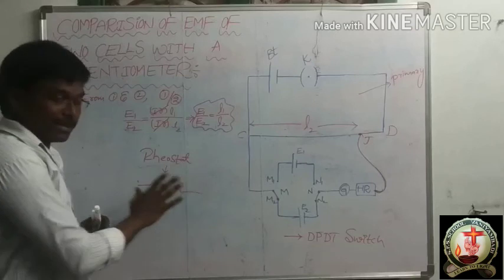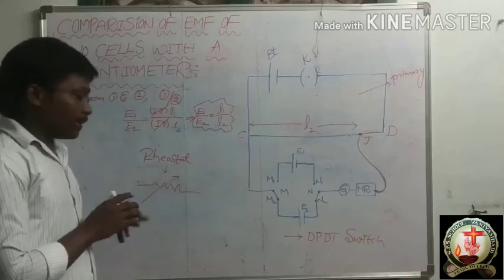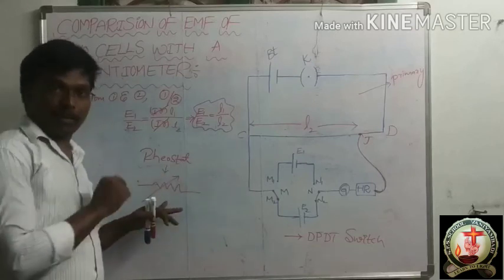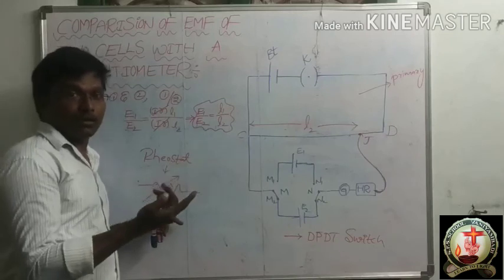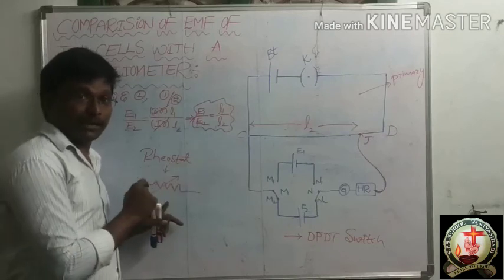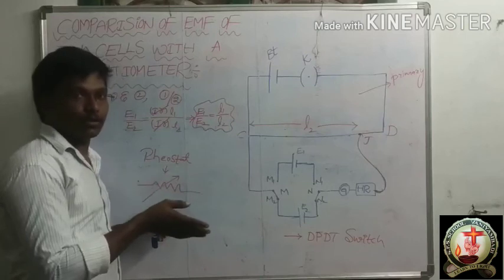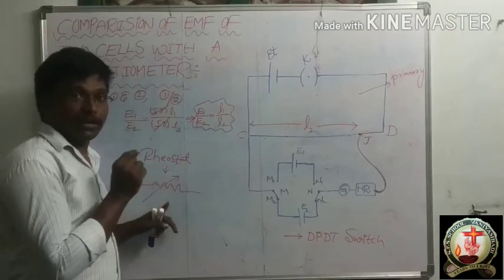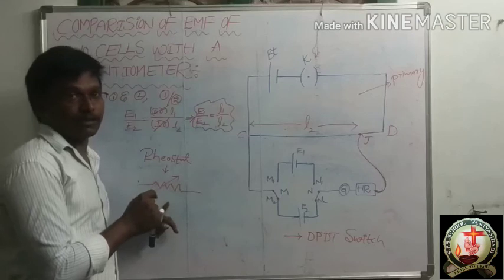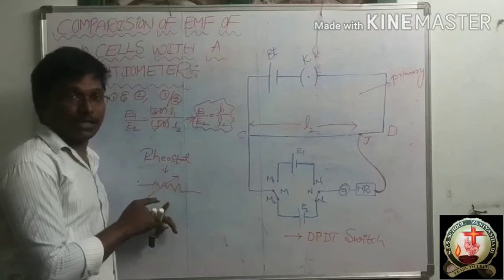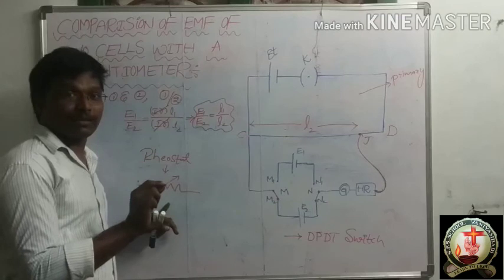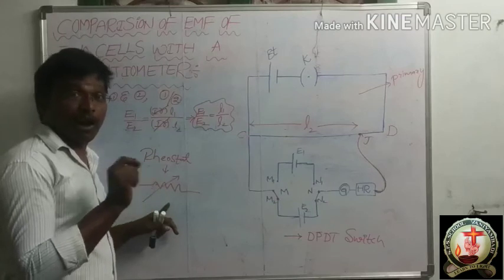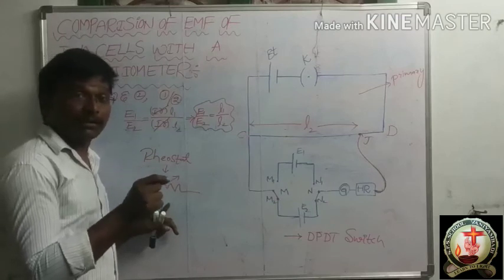The use of this rheostat is that we can connect it in any electrical circuit. By the use of this rheostat, we can change the values of current in that electrical circuit.